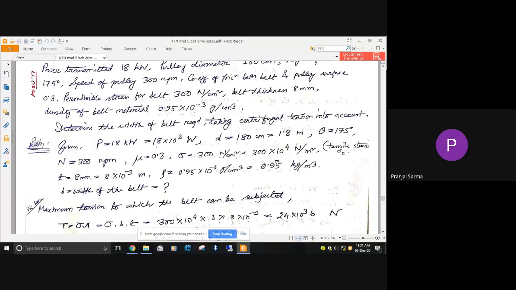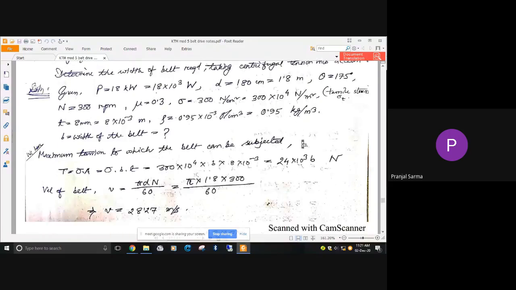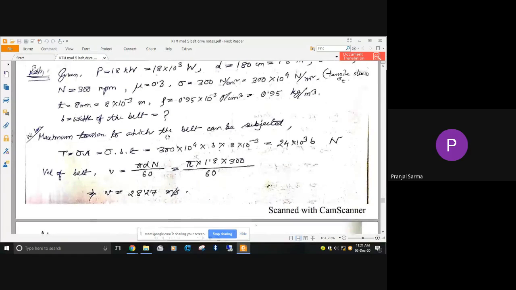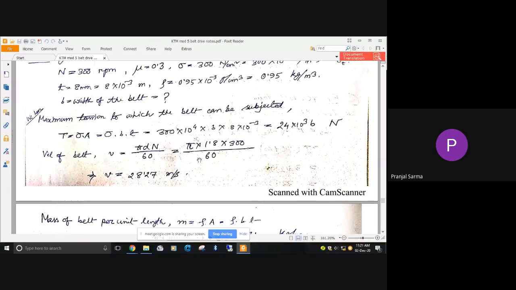In that problem, we also took centrifugal tension into account, using the known relationship for maximum tension, how it can be obtained if we know sigma, the permissible stress, and the cross-sectional area, etc. So T equal to sigma b t, using those kinds of formulas.